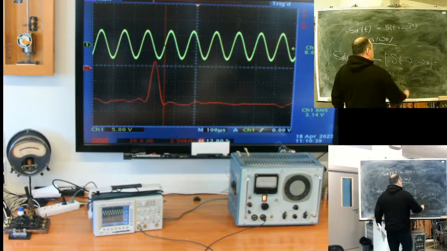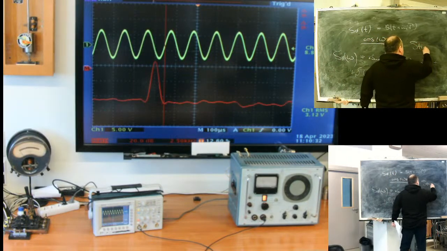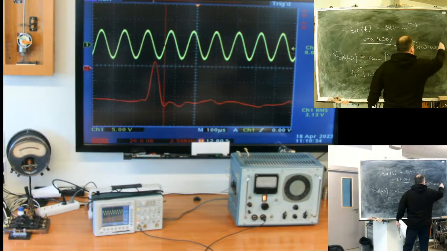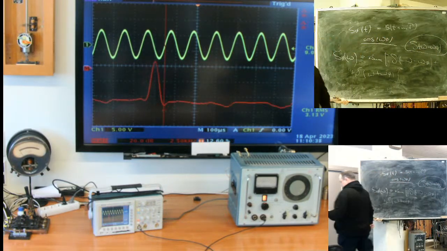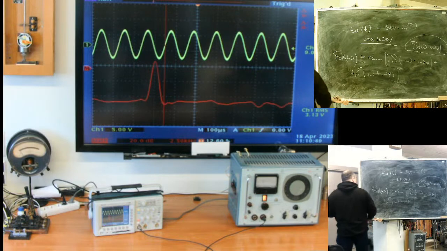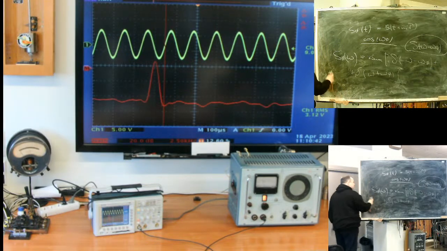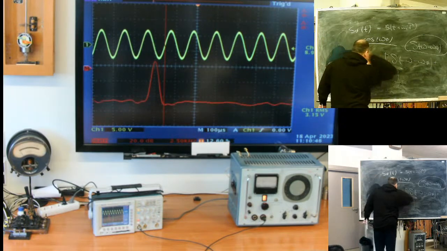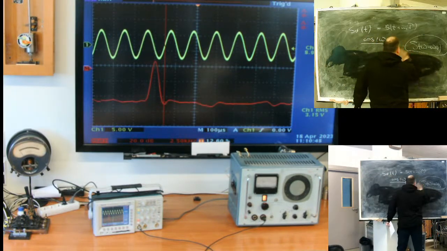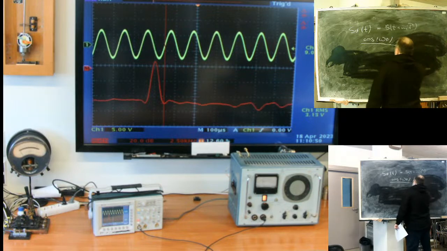In general, we should receive a delta function at omega 0. That's what we should receive. As a result of an ideal Fourier transform, we should get one spectral line because it contains only one frequency.